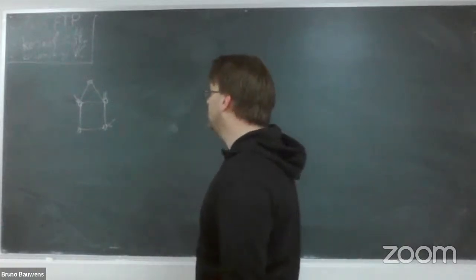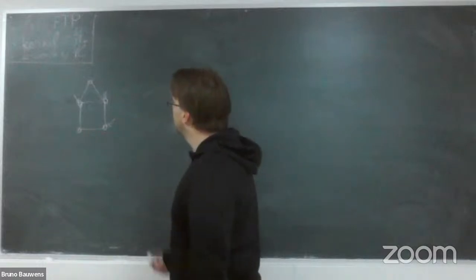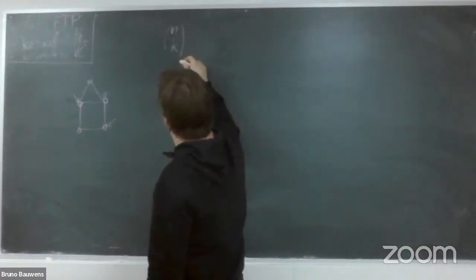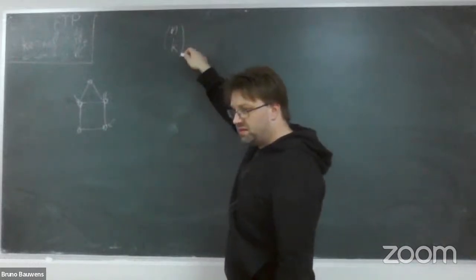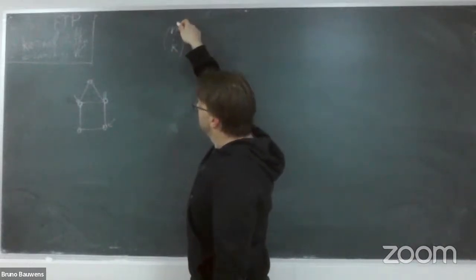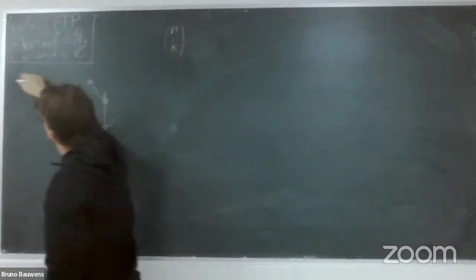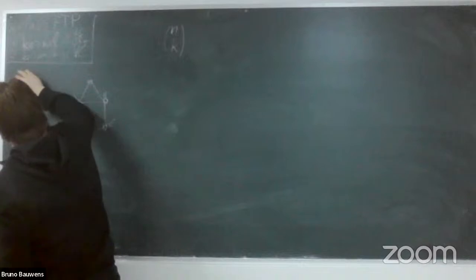So in general, how can we solve vertex cover? We can solve it in n choose k time. So this is a binomial coefficient, where n is the number of vertices in the graph. Let me write the inputs that you already know.